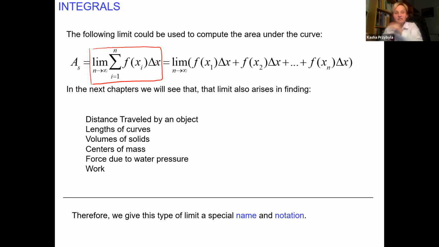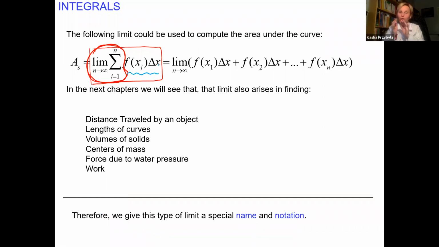The delta x is the width, and the f of x sub i, the value of the function, is the height. Okay, so we have the expanded form. This part is adding infinitely many items, and this will always be different. Later, when we have applications, the blue part will be different.